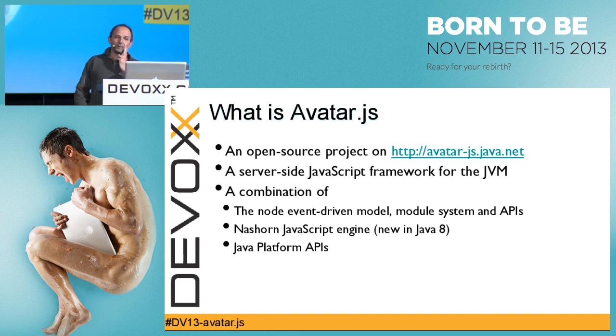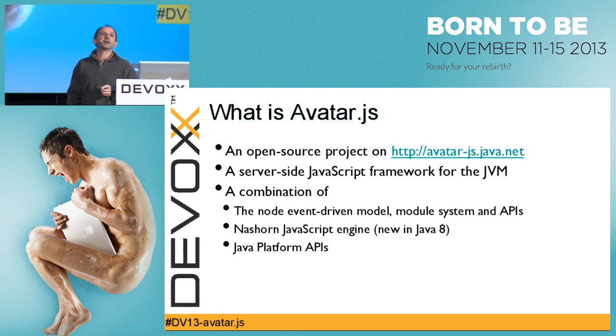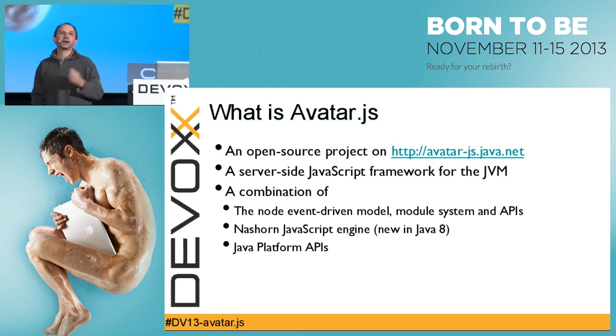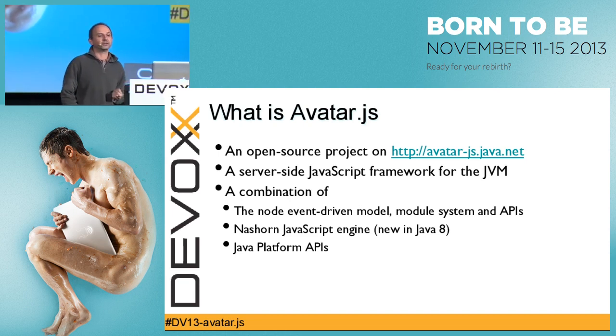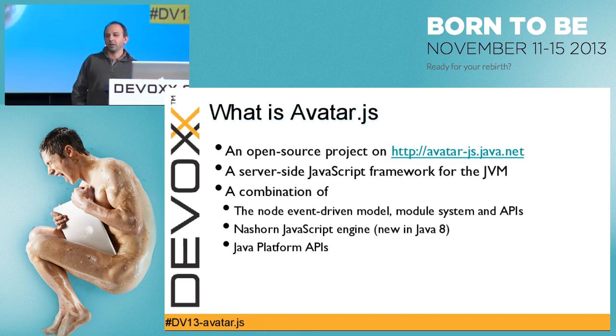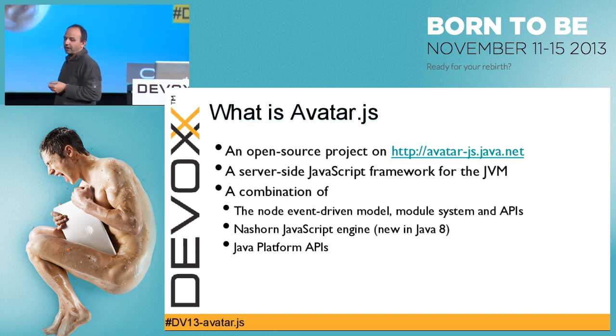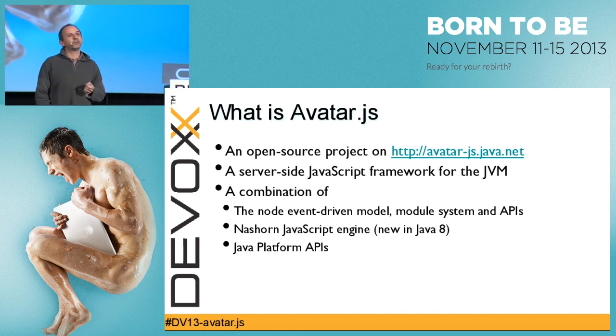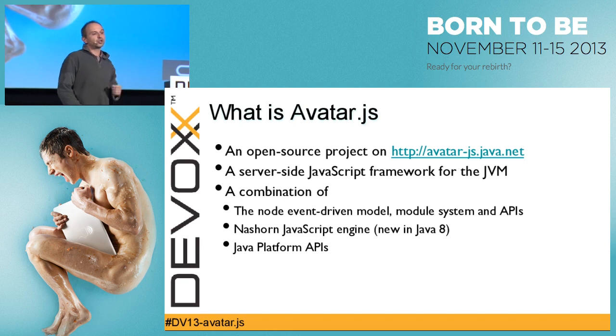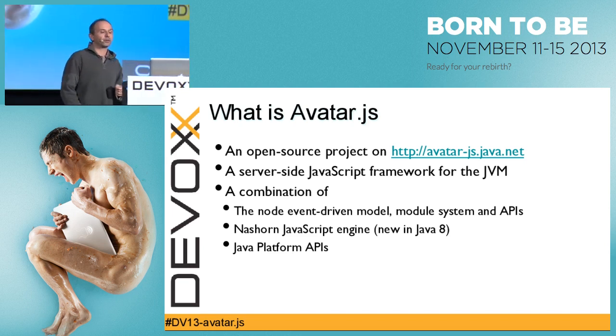As one can imagine, server-side JavaScript is very different than client-side JavaScript. It's not running inside the web browser. You are writing applications that are accessing the file system, that are starting an HTTP server, forking a process. Actually, the kind of things you are doing with Java on the server side, but using JavaScript.